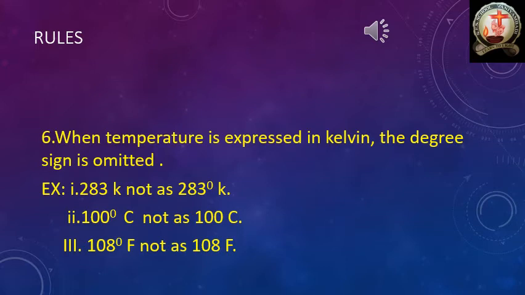So 283 K is a temperature value. We should write like this, not 283 degree Kelvin. Degree means the small zero symbol, which I hope you learned in lower classes.